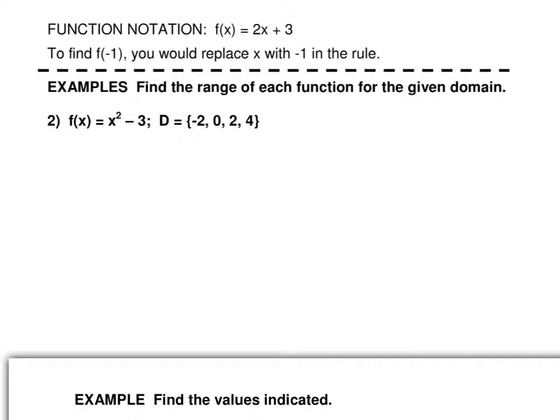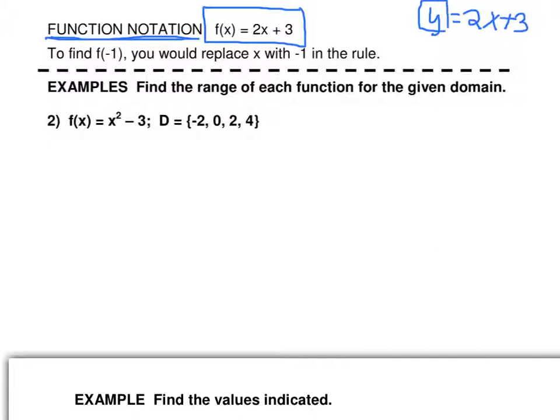Okay, so now I want to introduce you to another topic or another word, and that is function notation. So write that down, function notation. Function notation is a way of writing a function, and instead of writing this as y equals 2x plus 3, we replace the y with what we call f of x.